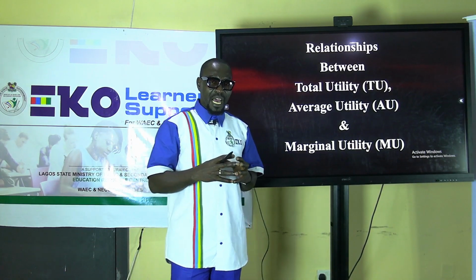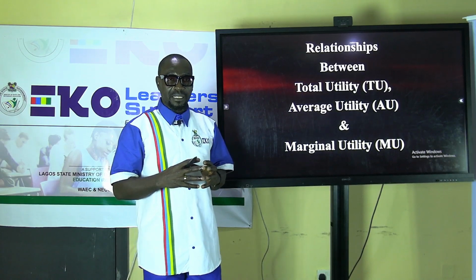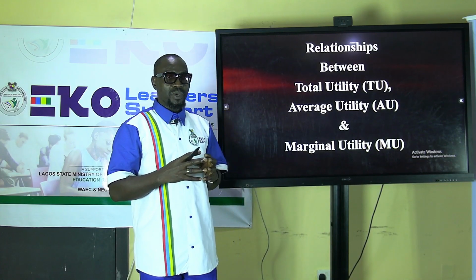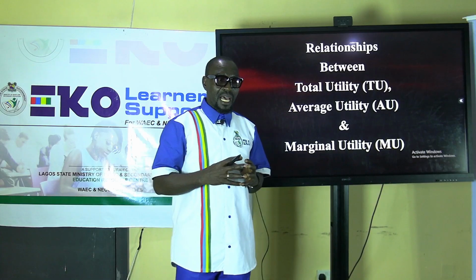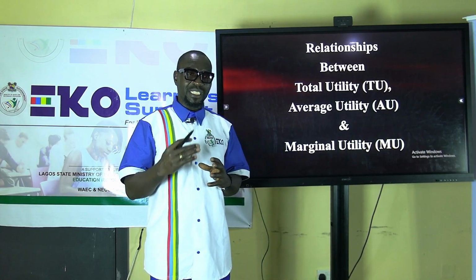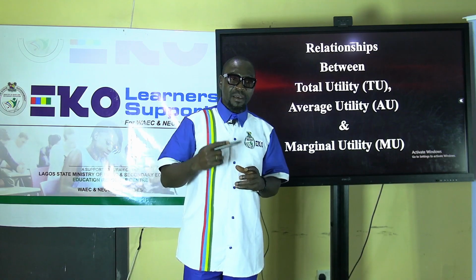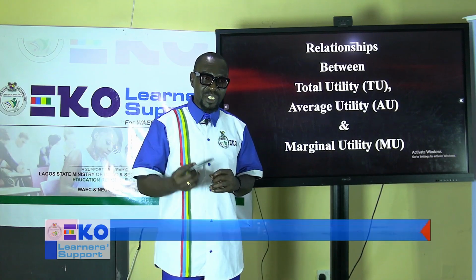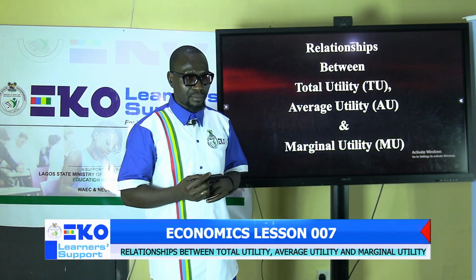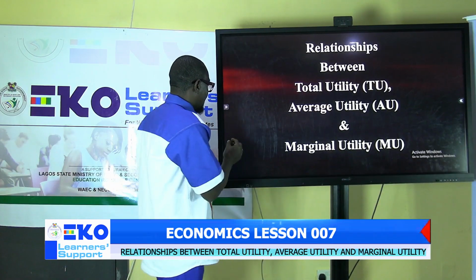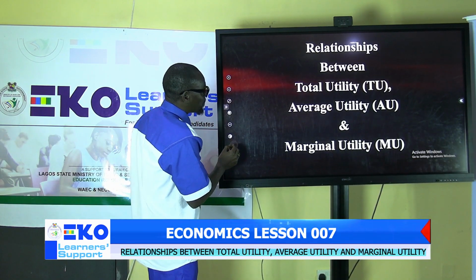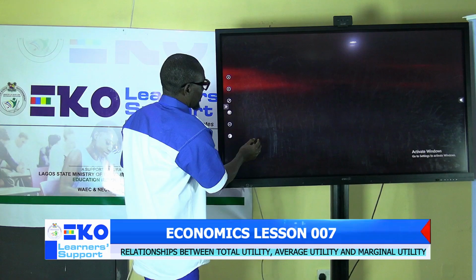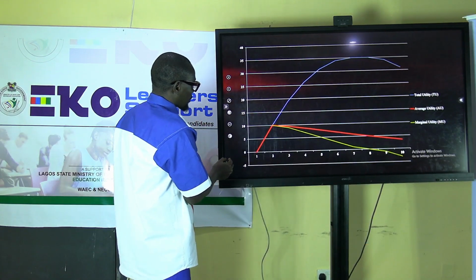We have defined average utility as total utility divided by the quantity consumed, and we have defined marginal utility as the additional satisfaction or utility that is derived from the consumption of extra or additional units of the commodity. We will be using a graphical representation to explain the relationships between these three utility functions.